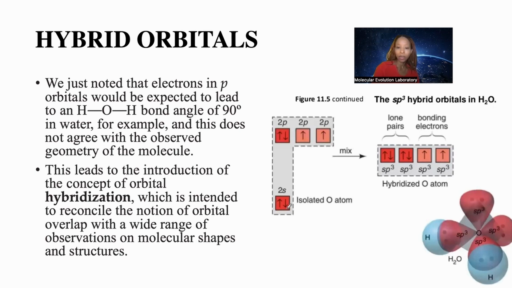In the 2s orbital, you have both electrons spin paired, one up, one down. In the 2p orbitals, you have one pair spin paired, one up, one down, and the next two up. So this means that the 2s has 2 electrons, and the 2p has 4 electrons.